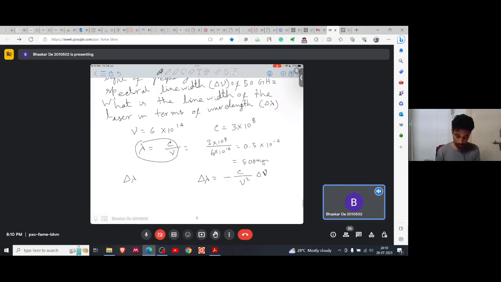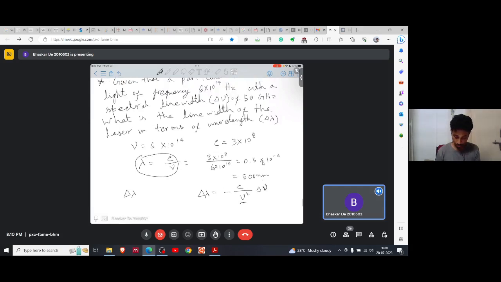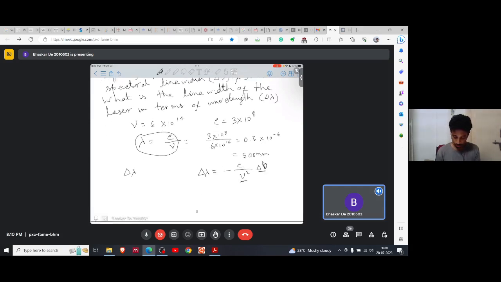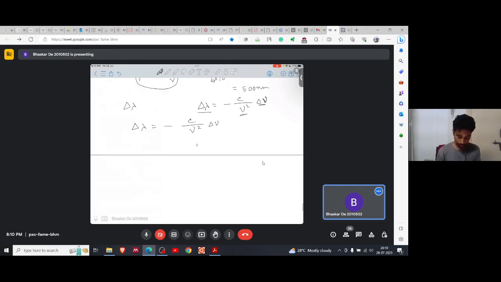From the problem we have the value of nu and the value of delta nu, and we have to calculate delta lambda. I'll write down the equation again. There is a minus, but when calculating the numerical value you can just take the modulus.